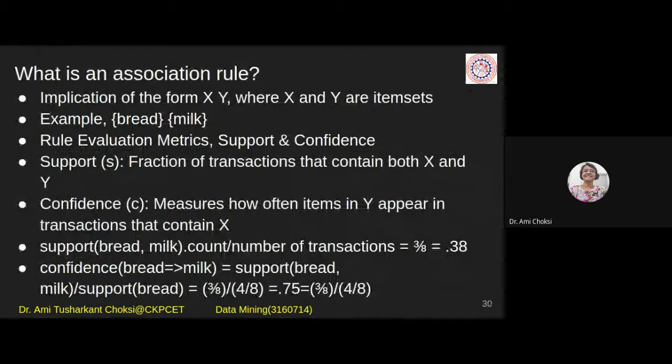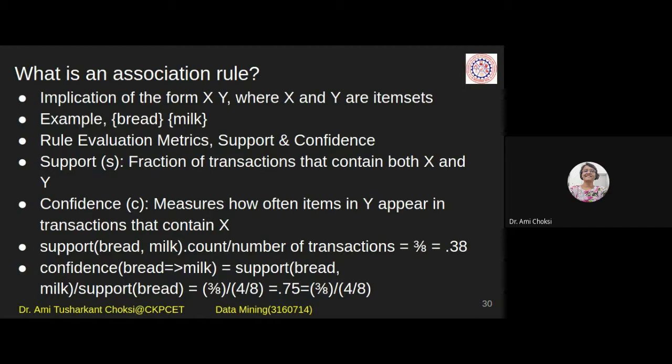So take care of it. Now see, what is association rule? That we say that it should be X implies Y. Association rule is X implies Y, right? So bread implies butter, bread implies milk, something like that should be there. Now when can we say? I can say any rule, but is it acceptable?